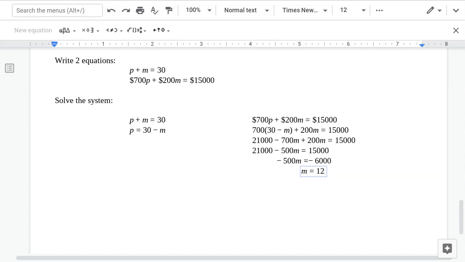And now that we know the value for M, we can go ahead and use it to also solve for P to know how many printers were ordered.